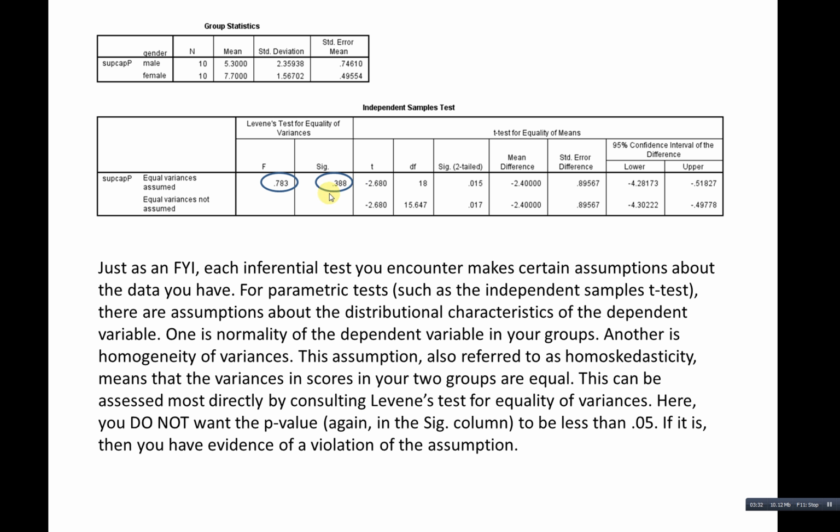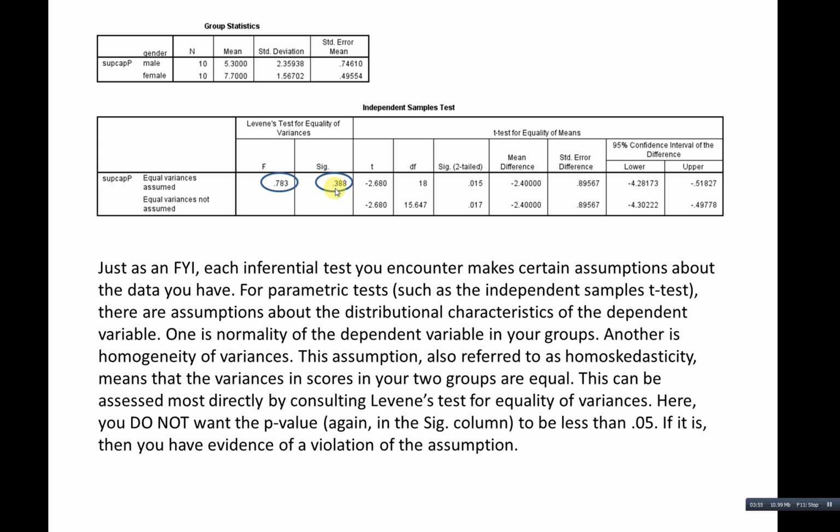And in the current case, we found that the p-value that's printed out right here was greater than 0.05, and so it would appear that the equality of variances assumption, or homogeneity of variances, has been met. So we can feel more comfortable about our interpretation of this first row of information.